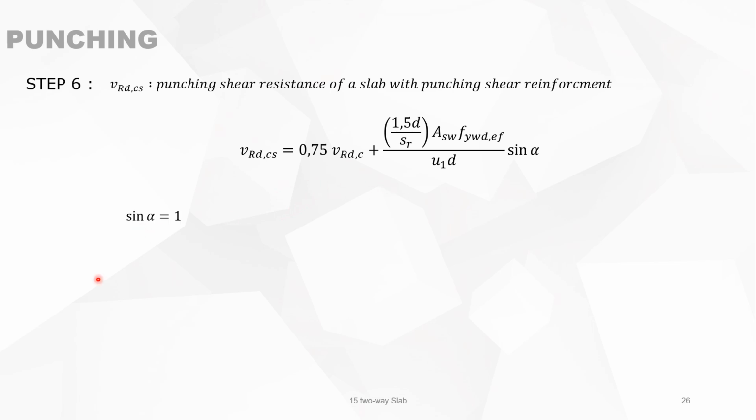The angle alpha is the angle of the shear reinforcement to the vertical. It's the angle of the shear reinforcement, but in most cases we will take sin alpha equal to 1. It means that this is straight or vertical shear reinforcement.